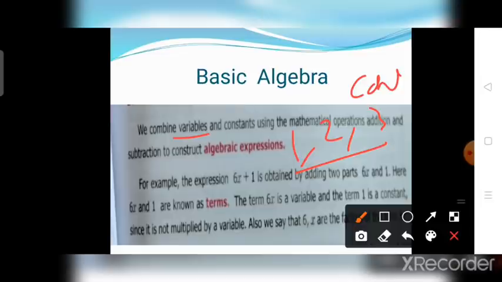Constant means numerical numbers 1, 2, 3, 4, 5. Any numbers mean constants. Using the mathematical operations addition and subtraction to construct algebraic expressions. Addition means plus, subtraction means minus.